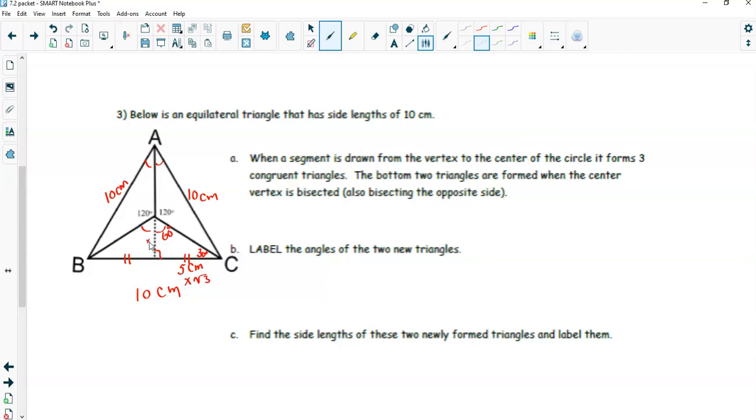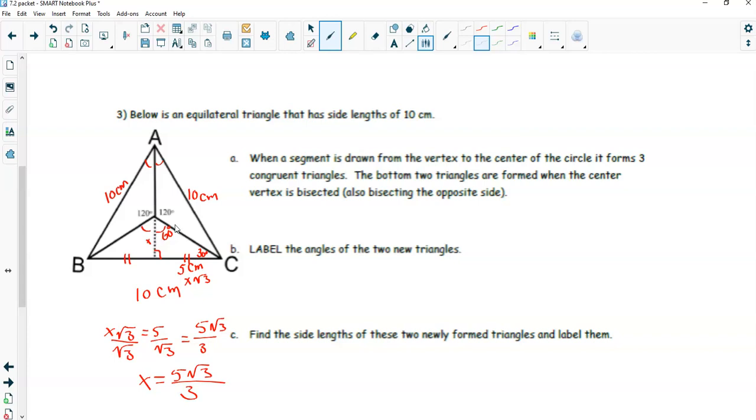Remember, the short leg is x, so that means x times the square root of 3 equals 5 centimeters. If you divide by the square root of 3 on both sides, remember you must rationalize. So that's 5/3 square root of 3. See that? So that means the short leg, which is x, is 5/3 square root of 3, which is this leg right over here. Okay?